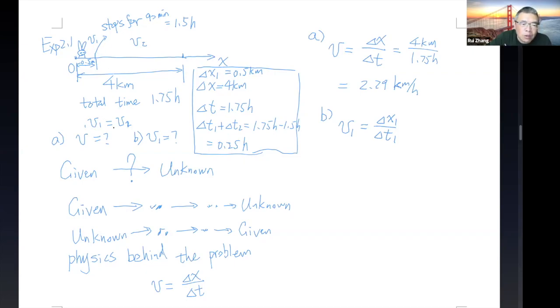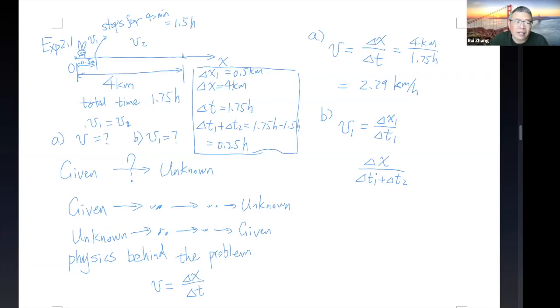We also know, see, there's a nice relation here: V1 equals V2. That means when the rabbit is moving, it's moving with the same velocity or same speed. Basically, what I'm trying to say is we take the total displacement divided by the total moving time, which is delta t1 plus delta t2.